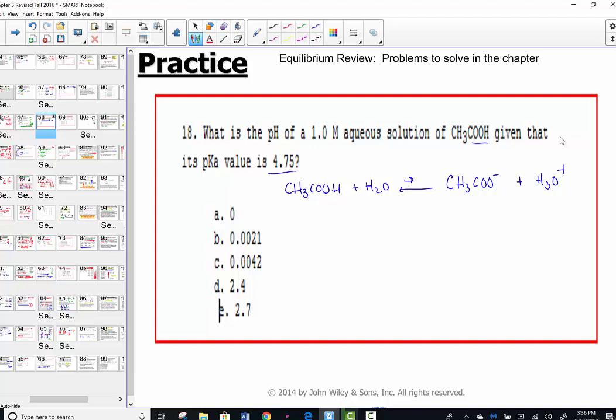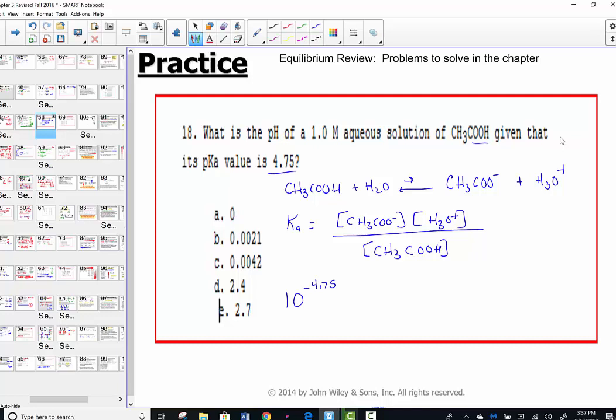They're giving us a value of 4.75 as the pKa. The Ka is the expression of the concentration of the conjugate base, CH3COO negative, times the concentration of hydronium, H3O plus, set over the molecular concentration, CH3COOH. That's the expression known as Ka. Well, we were given pKa, so here I can write 10 to the negative 4.75.